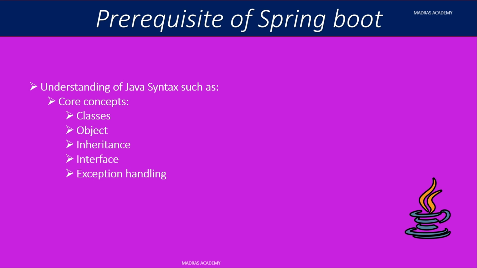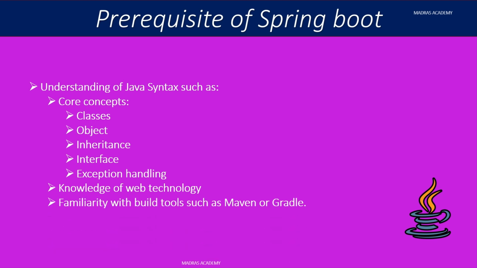These are all the topics we need to learn, and we need basic knowledge of web technologies and familiarity with build tools such as Maven or Gradle. Okay, so these are all the prerequisites before starting Spring Boot. We have to learn all these concepts.